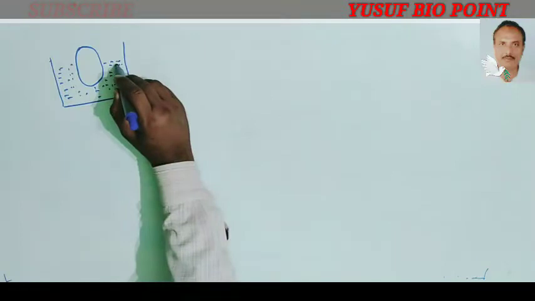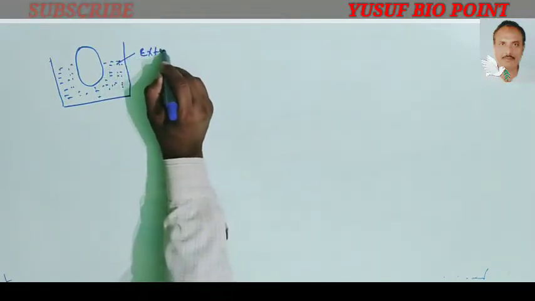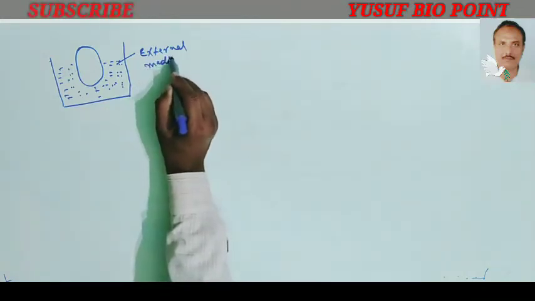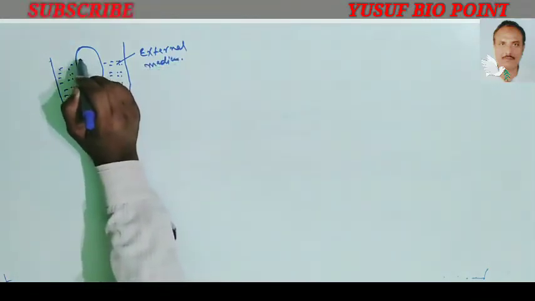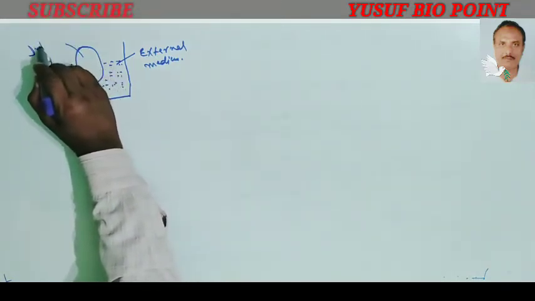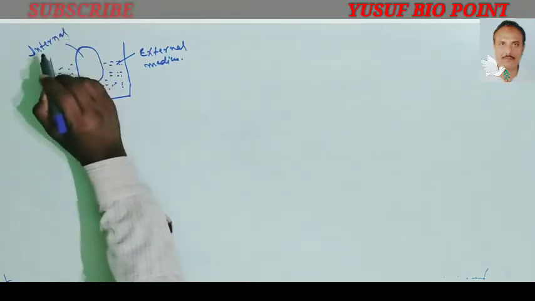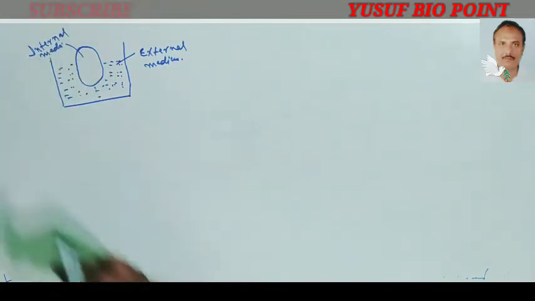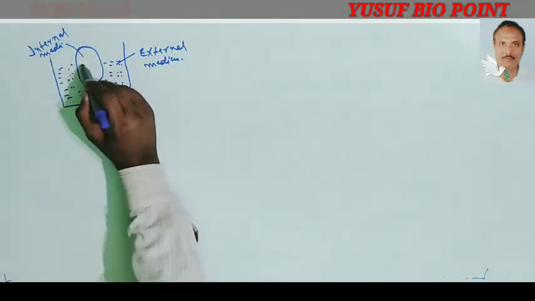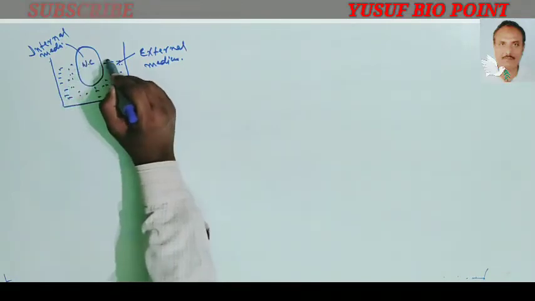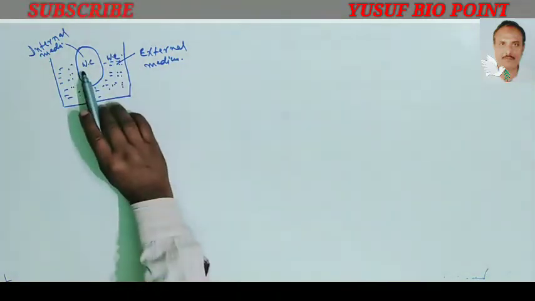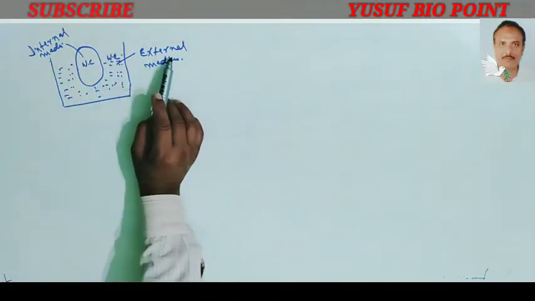This is the external medium, and inside the cell, that is the cytoplasm, that is the internal medium. Here a solution is also present. It has a water concentration, and the external medium also has a water concentration. Water concentration of the internal side and water concentration of the external medium.